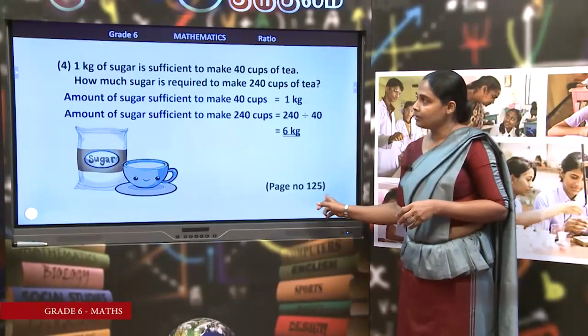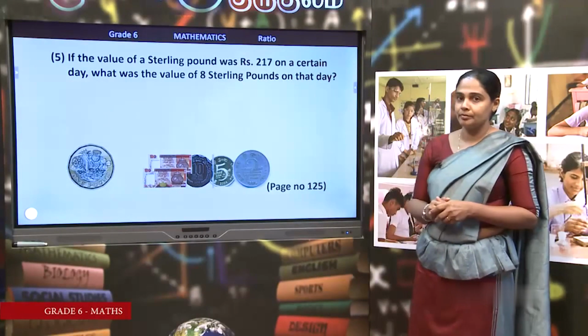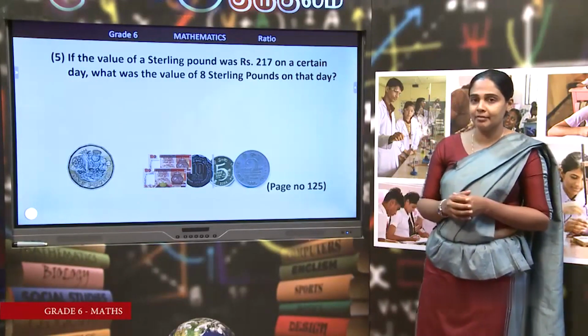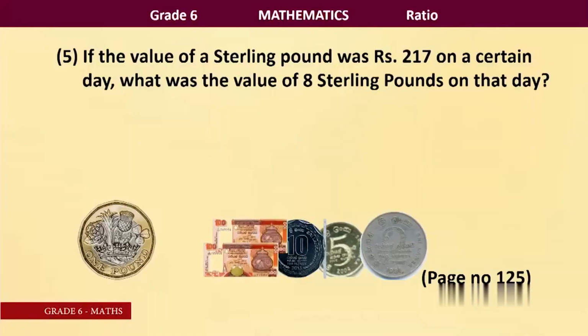One more. Question number 5. Read the question well. If the value of a sterling pound was 217 rupees on a certain day, what was the value of 8 sterling pounds on that day? Very easy. You know the price of 1. It is 217. Then find out the price of 8 sterling pounds.